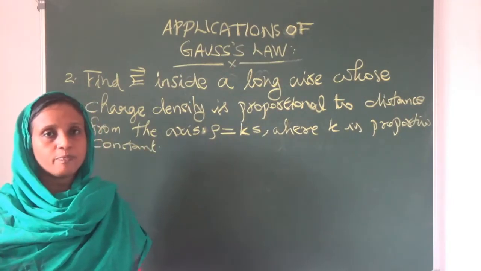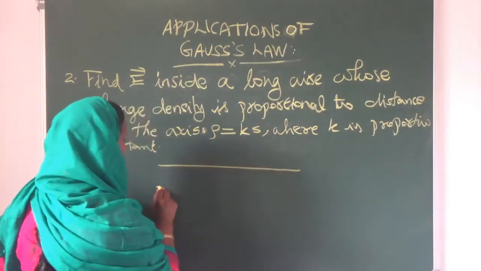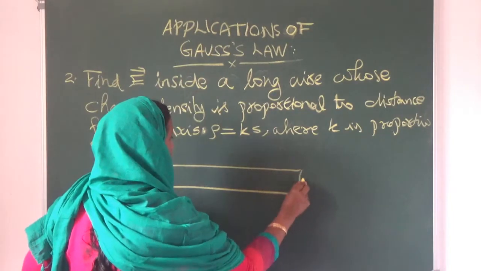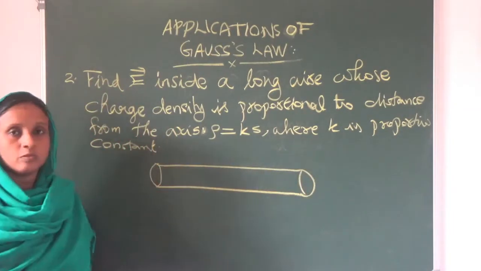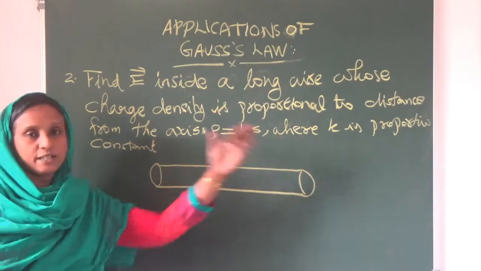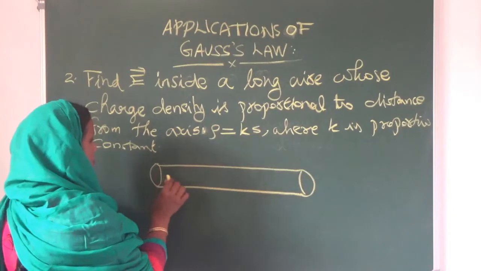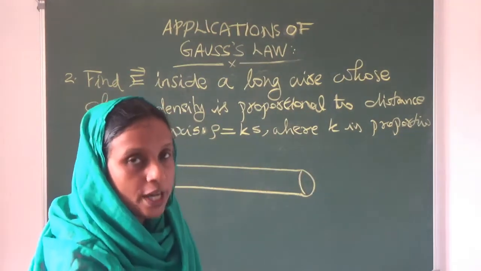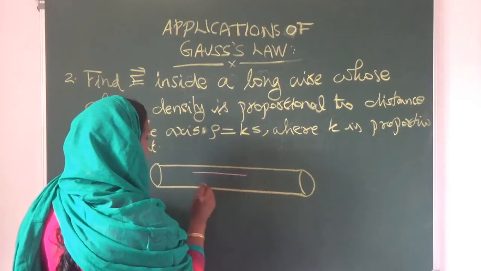This is the problem. Now, suppose this is the long cylinder, long wire. Okay. Now we assume a Gaussian cylinder here.